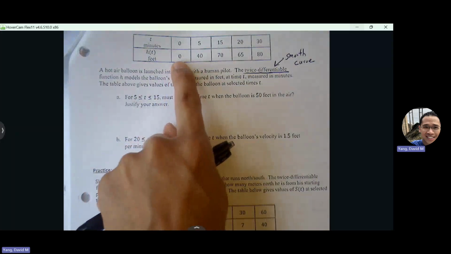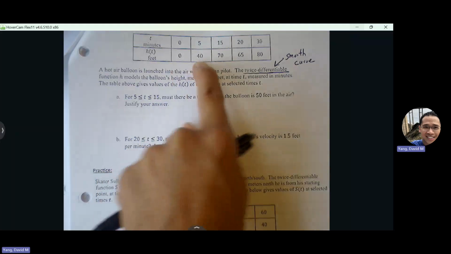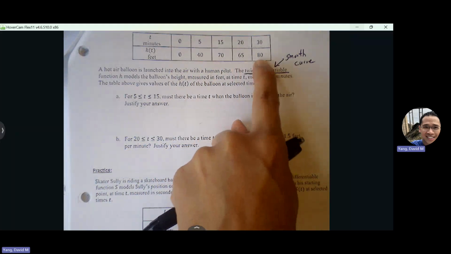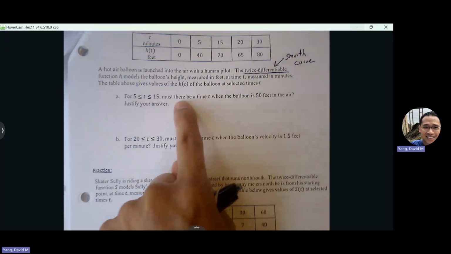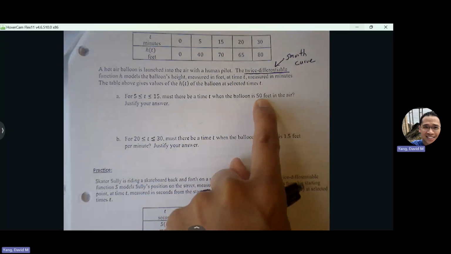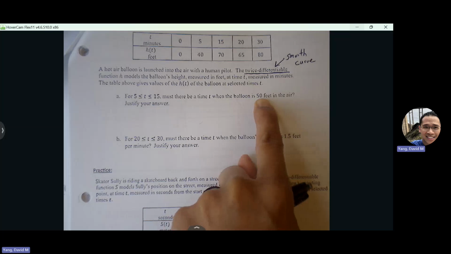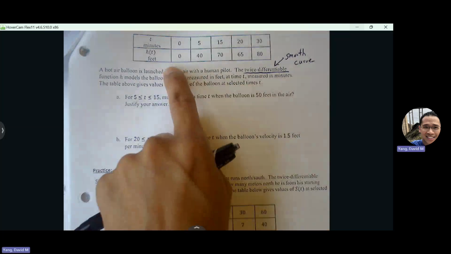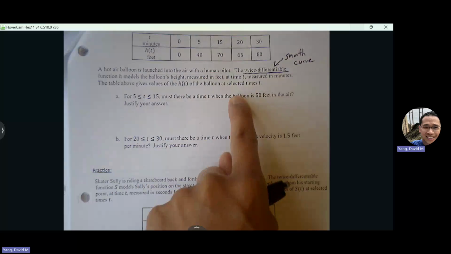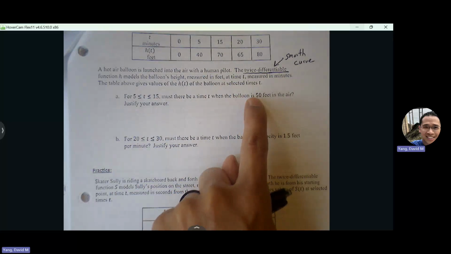Because, okay, my balloon starts at 0 feet, then it goes to 40 feet, then it goes up to 70, then it goes down to 65 and goes up to 80. Can you guarantee that this balloon is going to have to reach 50 feet somewhere along that time interval? Yes, right. And this one is easy to tell because this is exactly the graph that we're looking at, and they're asking about the graph, or they're asking about the value on that graph.